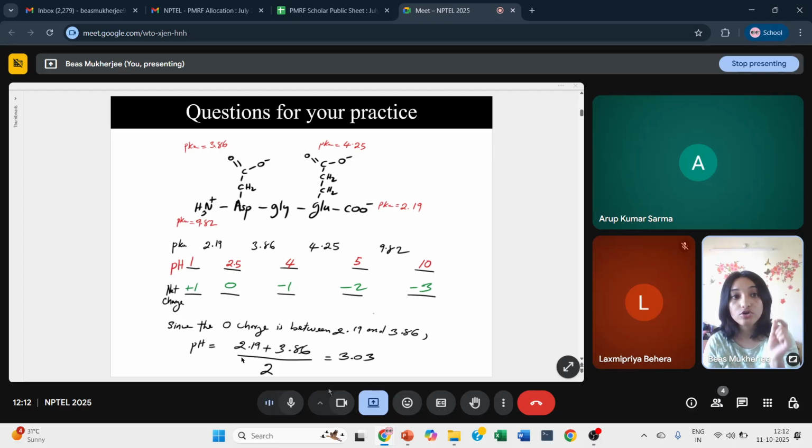These are also two ionizable groups in this tripeptide. Then we have to check what the final charge of this tripeptide is at a given pH.